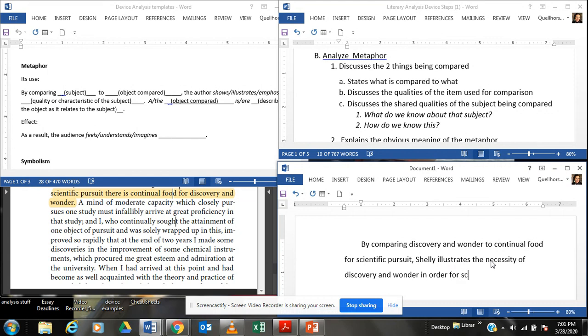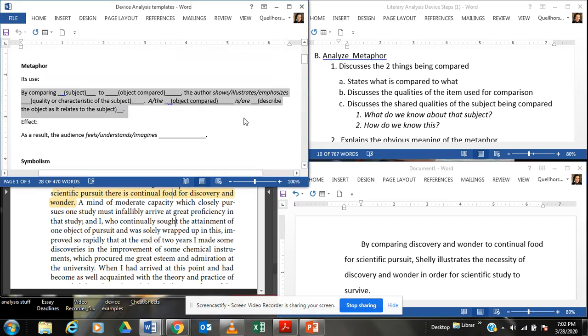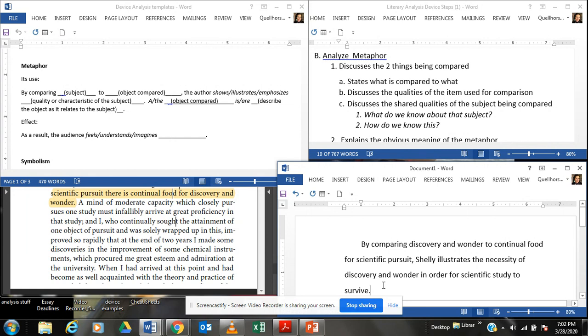In order for scientific study to survive. Ooh, yeah. Okay. All right. So let's see. Let me look at the rest of this. A blank is blank, and then I describe the object as it relates to the subject. Okay, so I explain why I arrived at that, basically.